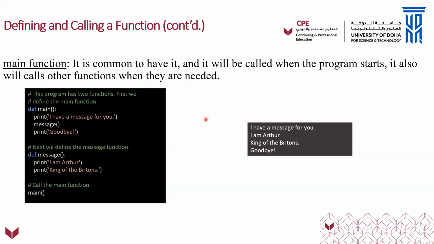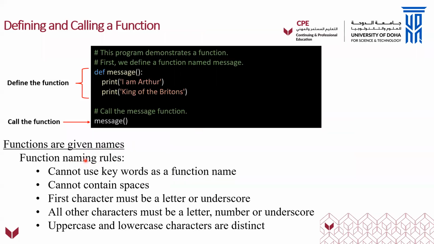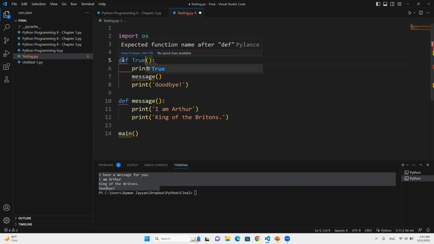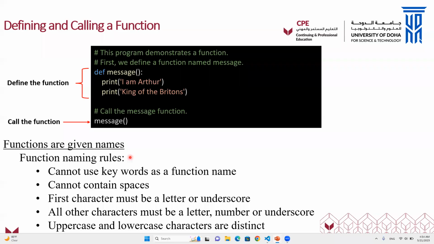Okay, let's return back to the previous slide regarding the naming rules. It cannot use the keywords. I cannot replace the main by the word true. Otherwise, I will get an error over here, and the error here is "expected function name". Why? Because the interpreter is not considering the word true as a function name, because it is a keyword.